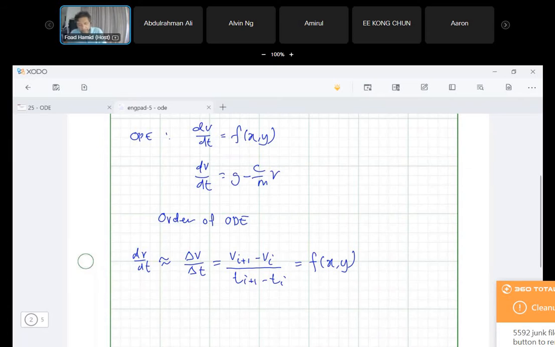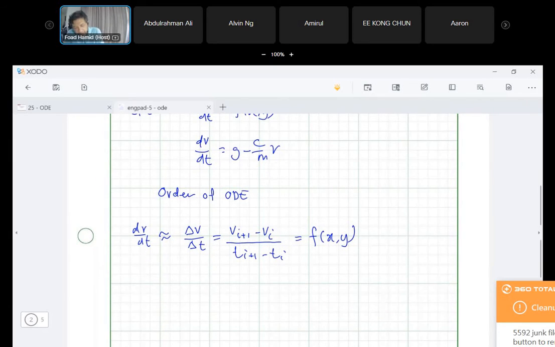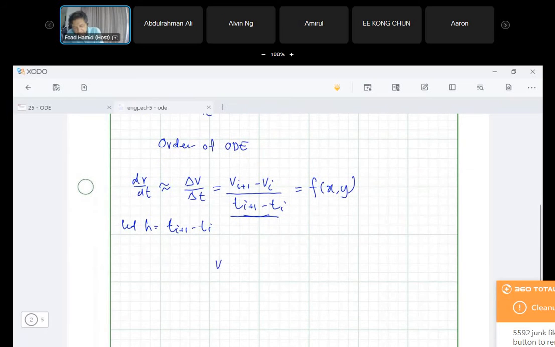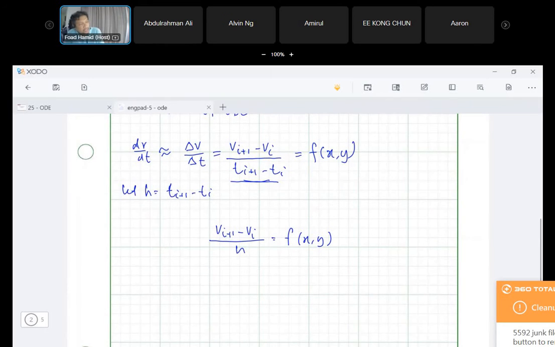Note that we can also let h equal the increment of our time step, which is ti plus 1 minus ti. So vi plus 1 minus vi over h is f(x, y). If we rearrange this, vi plus 1 equals vi plus f(x, y) times h.